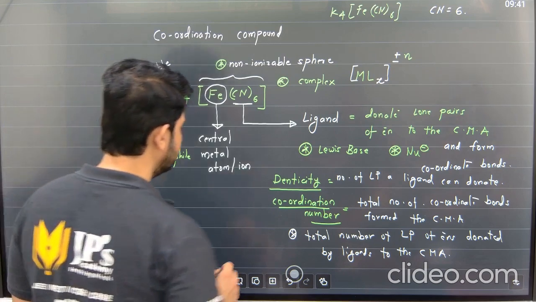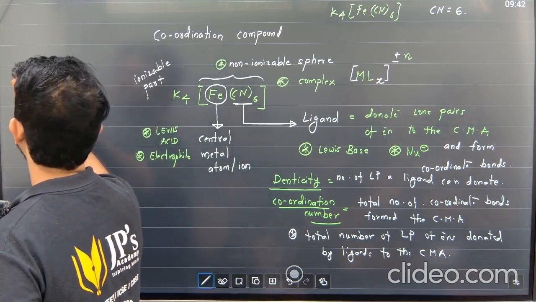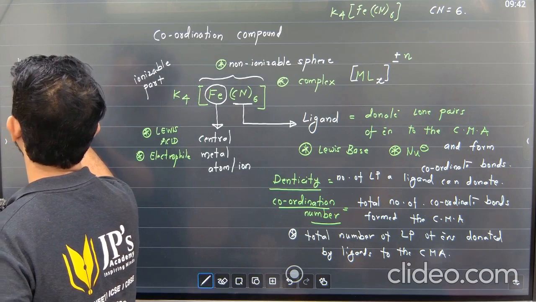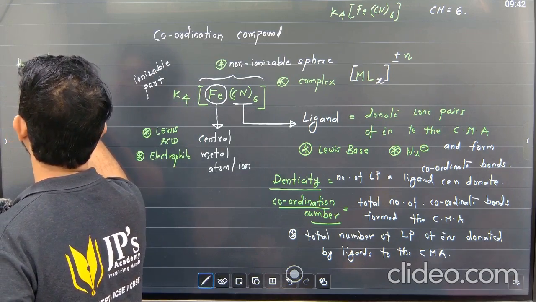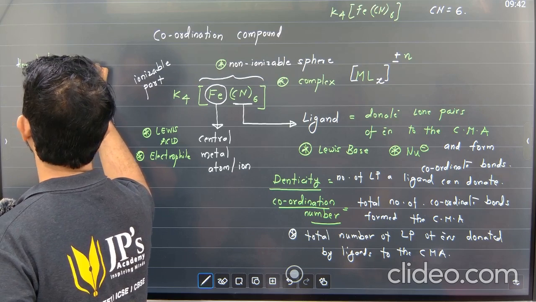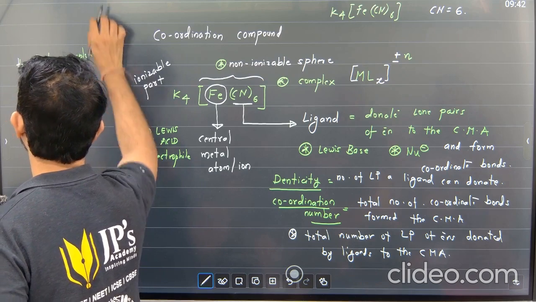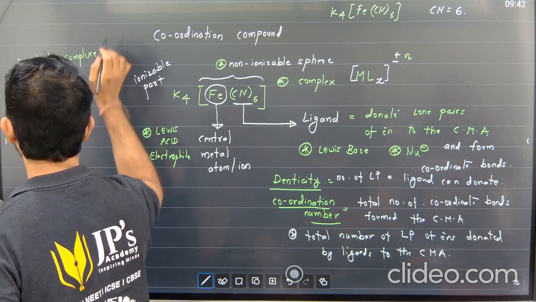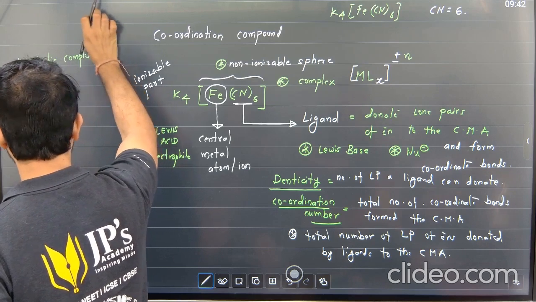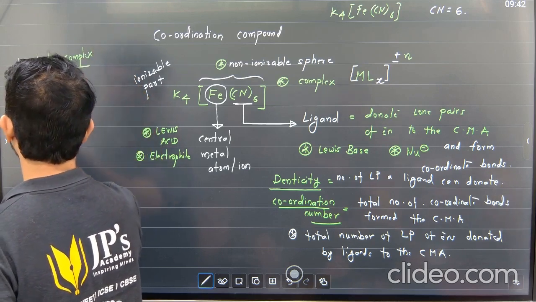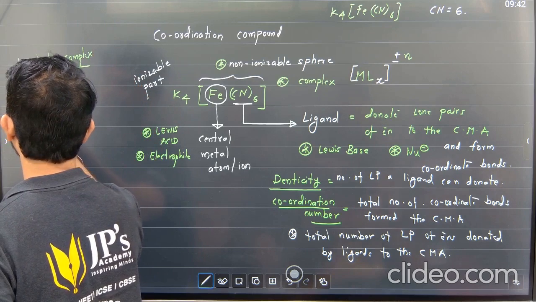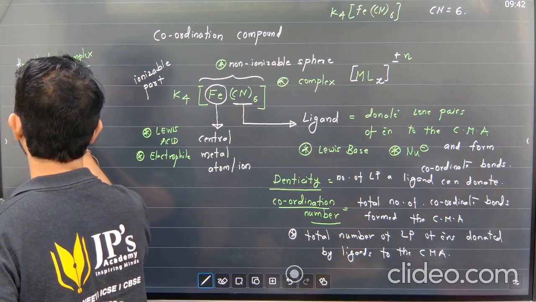Then there are some simple key points you just have to remember. Something called a homoleptic complex, and we have a heteroleptic complex.